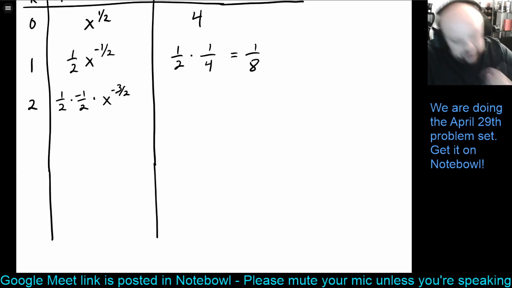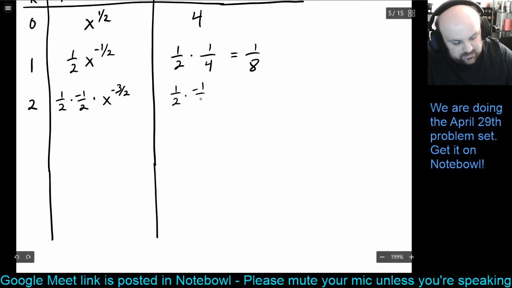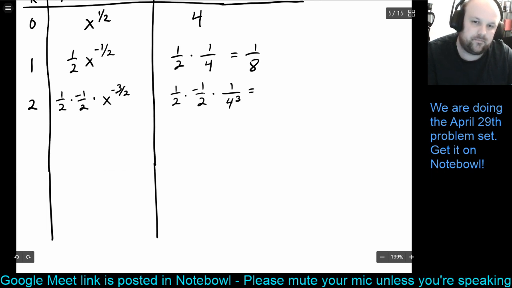So that's 1/8. Here, we'll plug in x equals 4, and this is going to be 1/2 times minus 1/2 times 1/4 to the third.